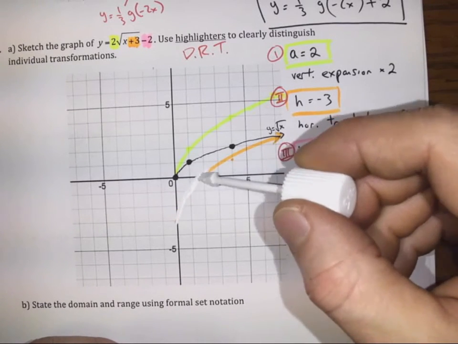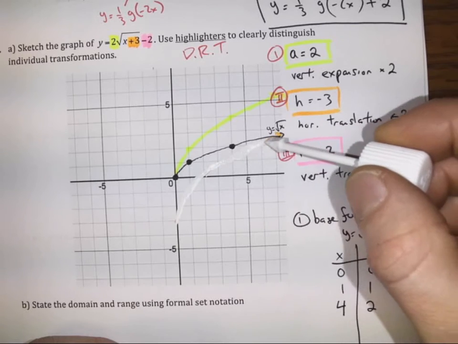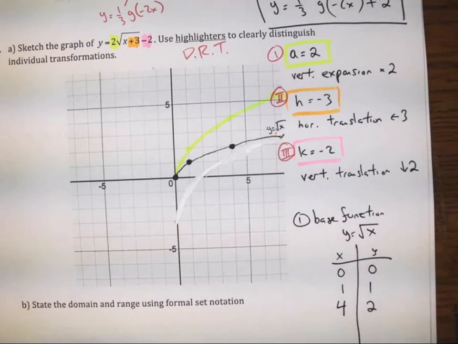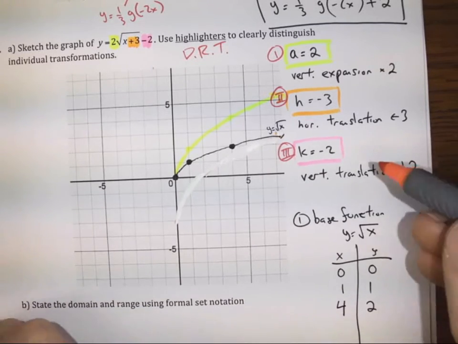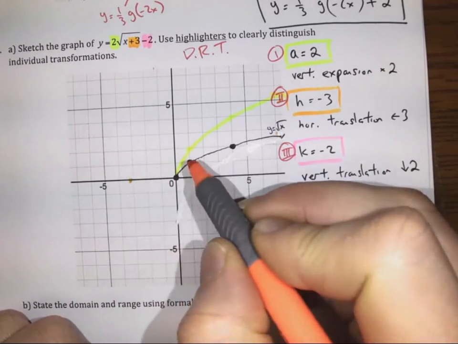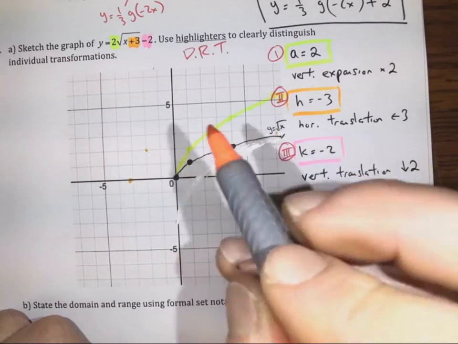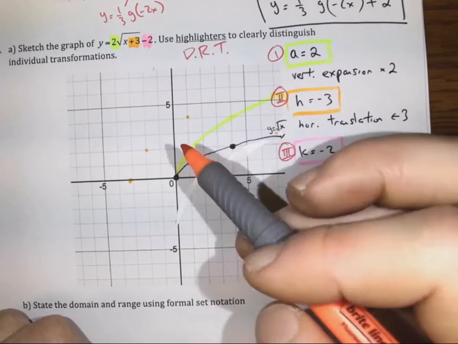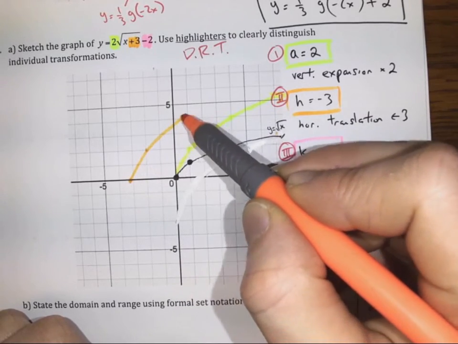Pardon me. Okay, there we go. So I should actually have shifted that to the left 3. So it's over here, 1, 2, 3. This guy's going to go 1, 2, 3 here. And this one is going to move 1, 2, 3 here. And we're going to start getting a curve that looks something like that.